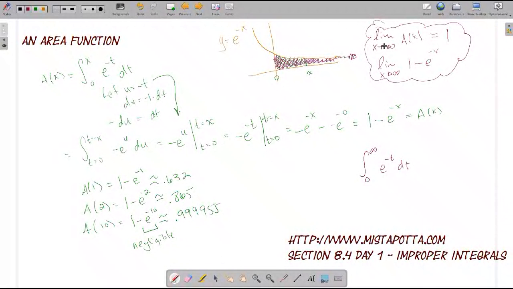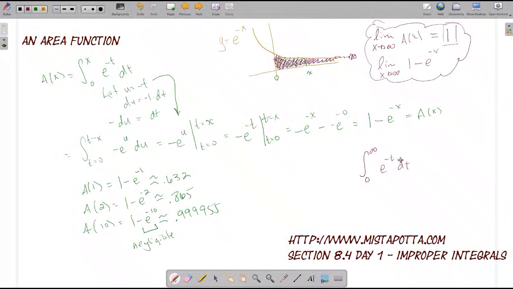This isn't an actual number that I can substitute. What makes this really interesting is that I have this limit where x increases without bound, but I get a finite result from it.